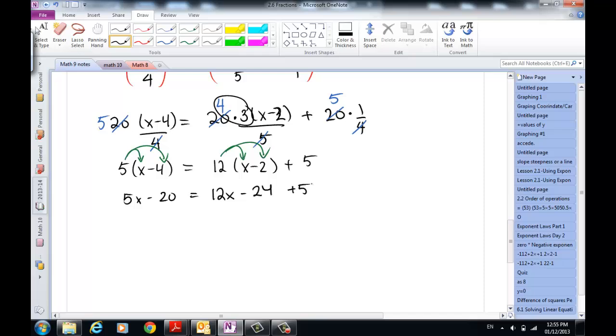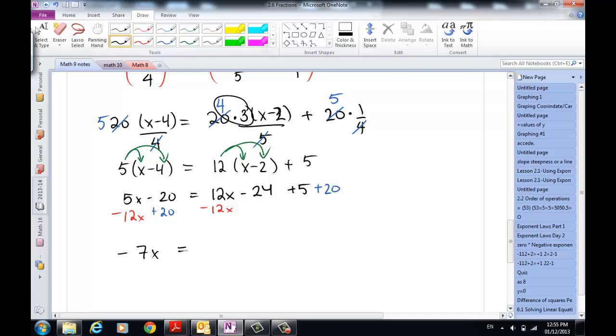Remember, my goal is to solve for x, so I want to know what x equals. So here I'm going to subtract 12x from both sides. When I subtract 12x from both sides, I get negative 7x. And then over here, I'm going to add 20 to this side.